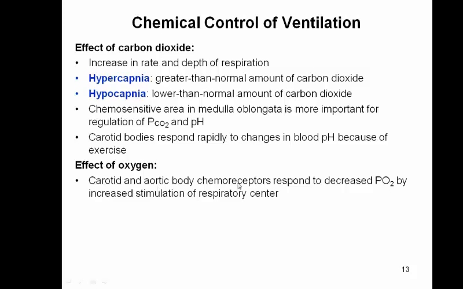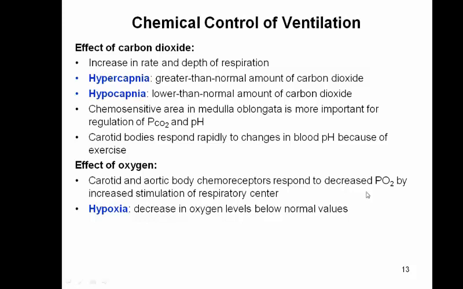These are chemoreceptors, sensory neurons particularly designed to pick up any decrease in oxygen. If there's a decrease in oxygen in that arterial blood, it will send information back to the respiratory center in the brainstem and increase the activation of our inspiratory muscles.